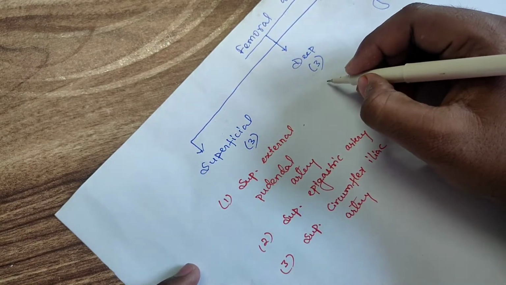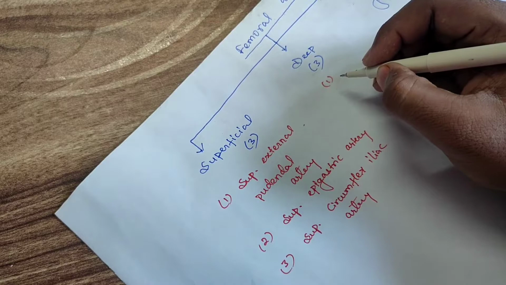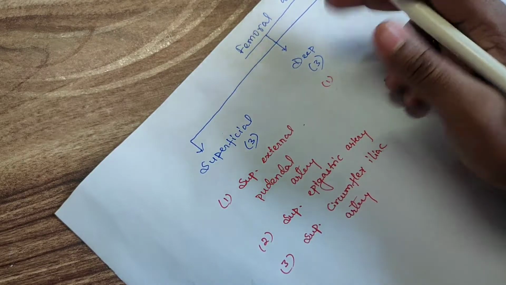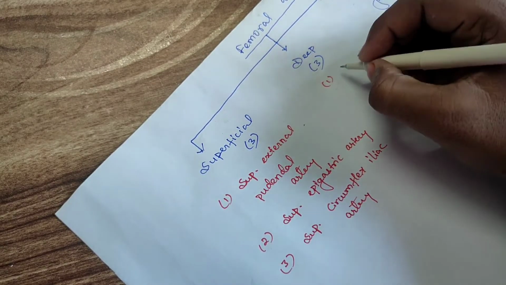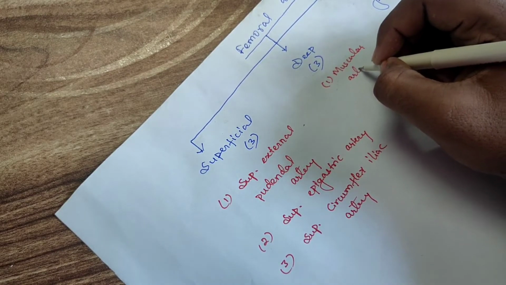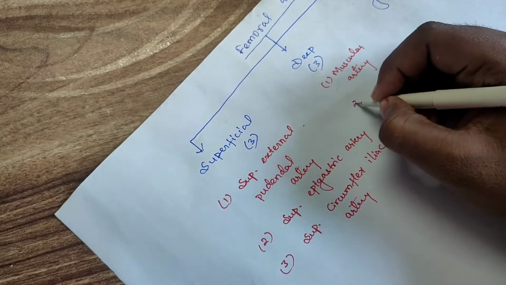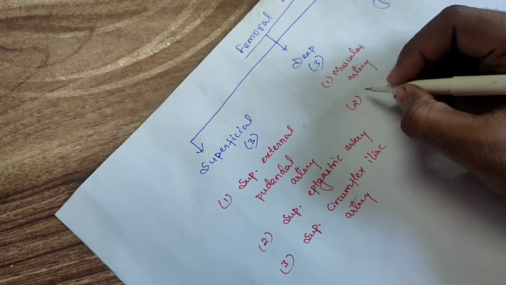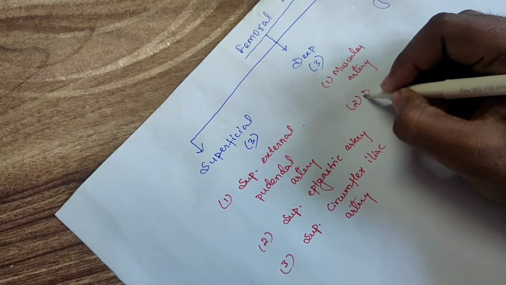Okay, now we'll move on to the deep artery, or the deep branches of femoral artery. So the first one is muscular artery. Okay, the second one is deep external pudendal artery.